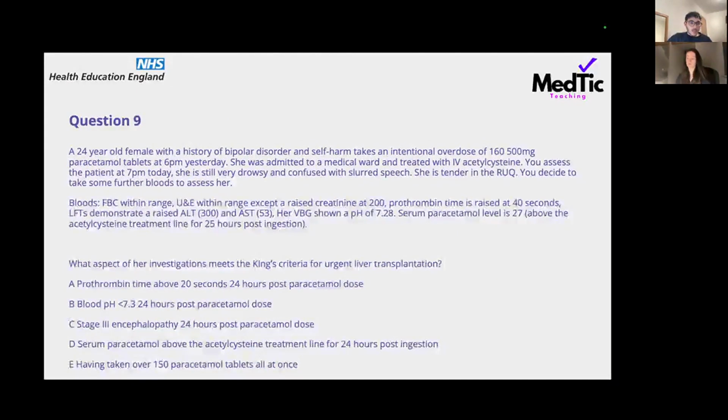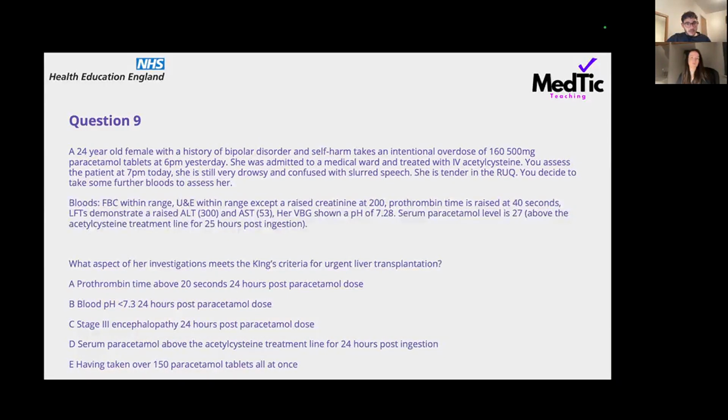So question 9. A 24-year-old female with a history of bipolar disorder and self-harm takes an intentional overdose of 160 500 milligram paracetamol tablets at 6 p.m. yesterday. She was admitted to a medical ward and treated with IV NAC. You assessed the patient at 7 p.m. today.